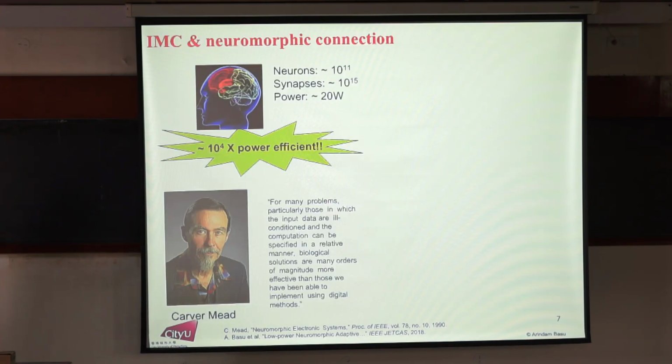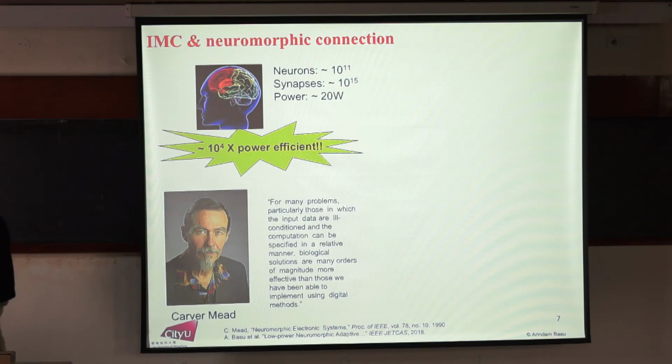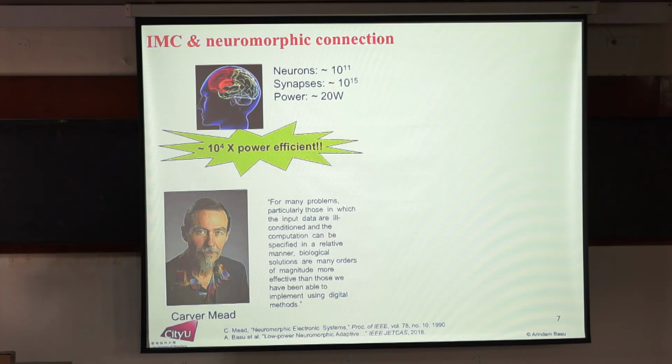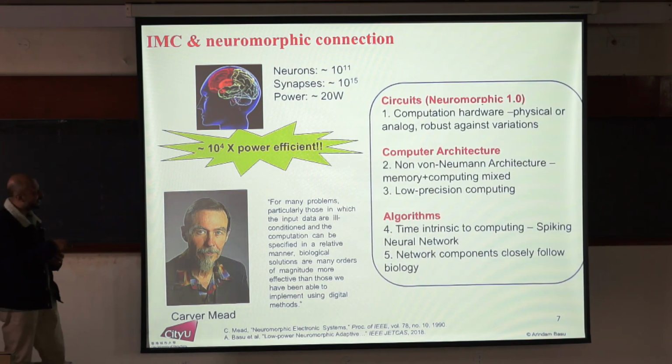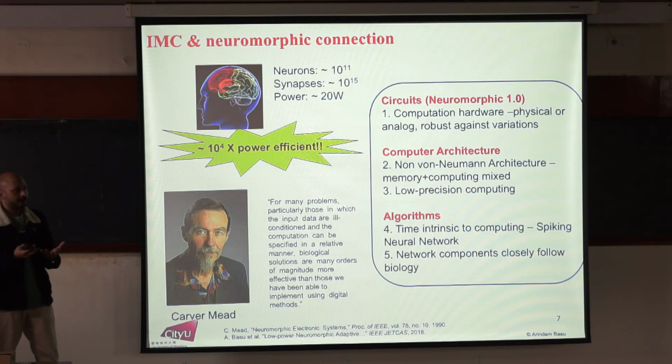Okay. So what's the neuromorphic connection? I think a lot of the people here already know about this. The original paper from Carver Mead, which talked about neuromorphic, talked about analog signal processing or physical computing. I call that neuromorphic version 1, the original definition for circuits, where you have physical hardware that's doing the computing for you.